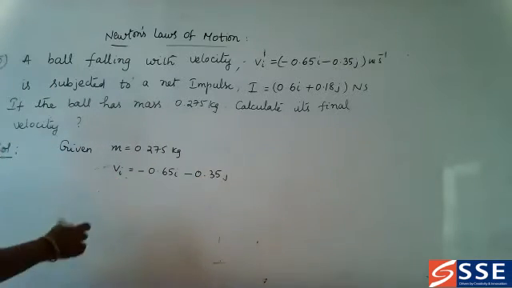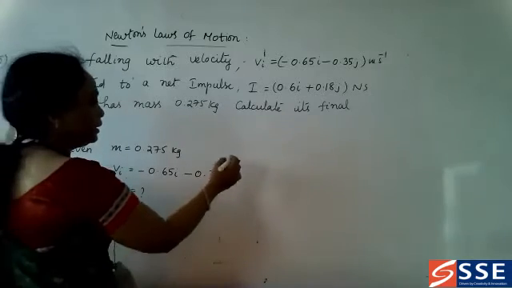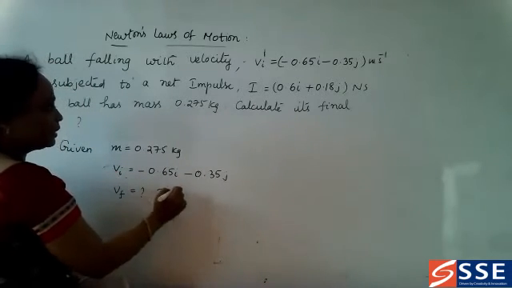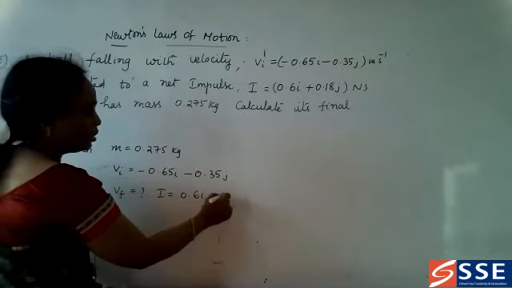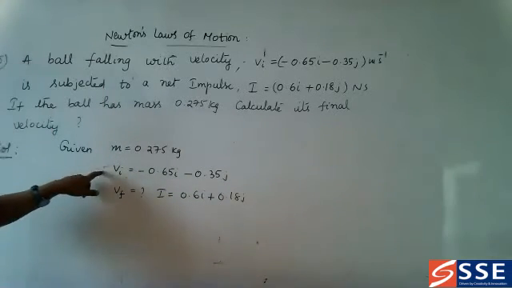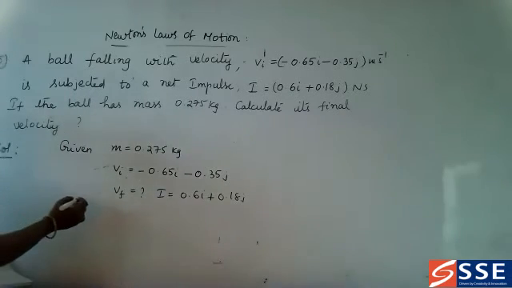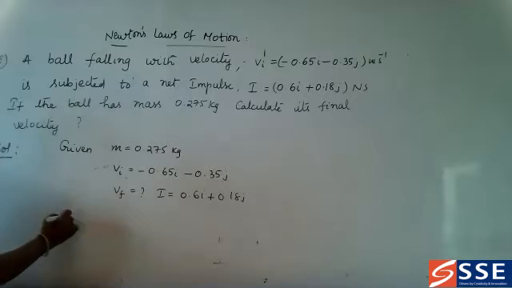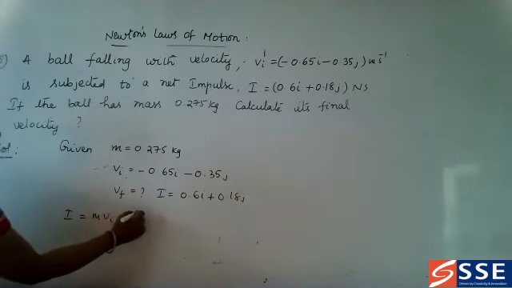Next, how do you calculate Vf when impulse is given? The impulse given is 0.6 i plus 0.18 j. What is the formula for this? The formula is I is equal to m times Vi minus m times Vf.